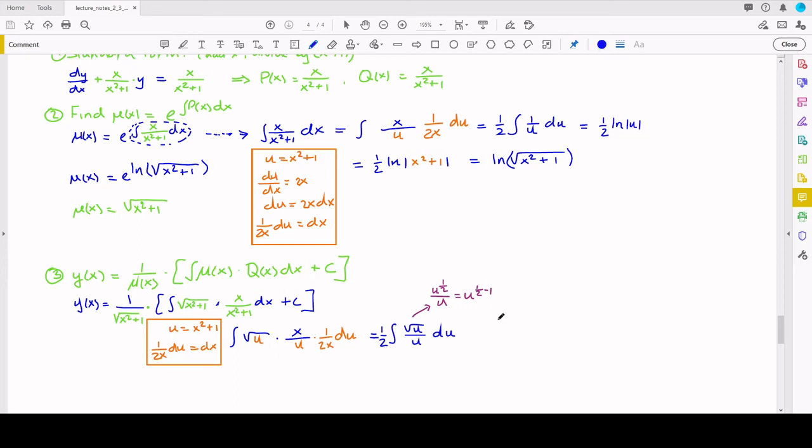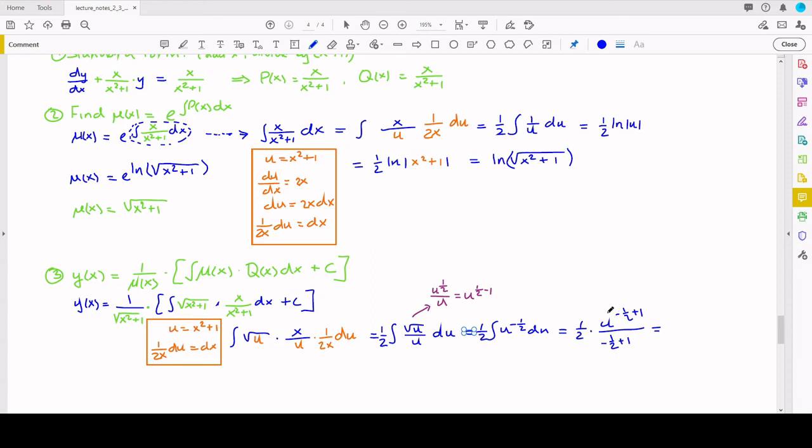So this is 1/2 times the antiderivative of u to the power negative 1/2 du, and that's just a power rule. So we have 1/2 times u to the power negative 1/2 plus 1 over negative 1/2 plus 1. Normally we would also have a constant of integration here, but we already have that, so we don't need to worry about that.